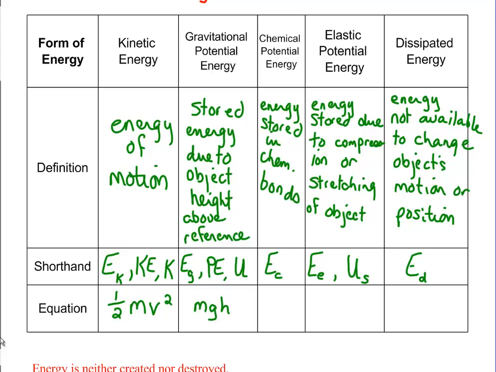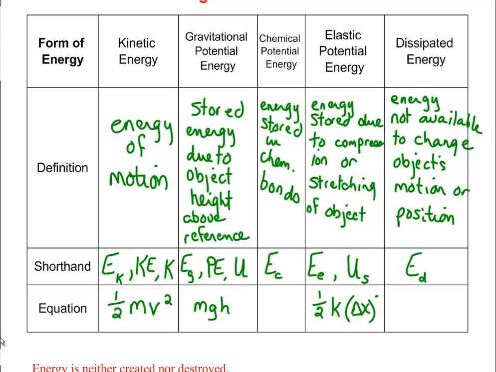We're not going to come up with an equation for chemical potential energy because we're not going to work with it. For elastic potential energy, we're going to look at something called a stretch constant, and we're also interested in how far something stretches or compresses when we're looking at how much energy it stores.